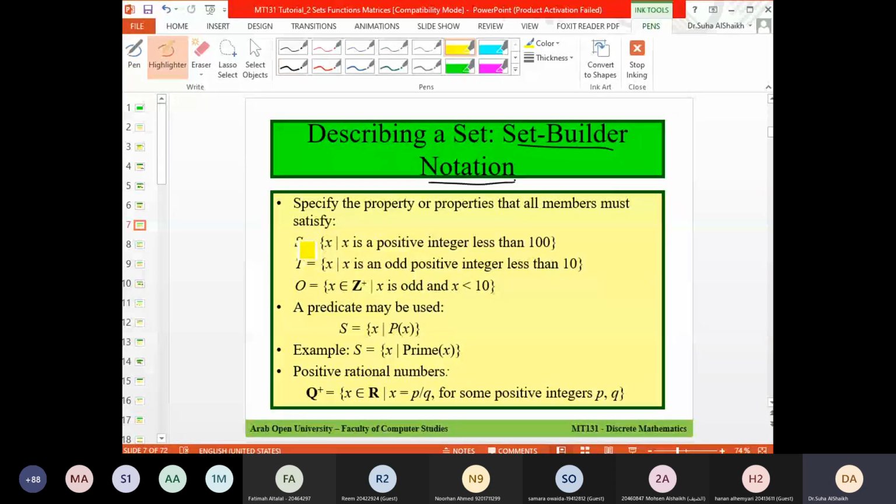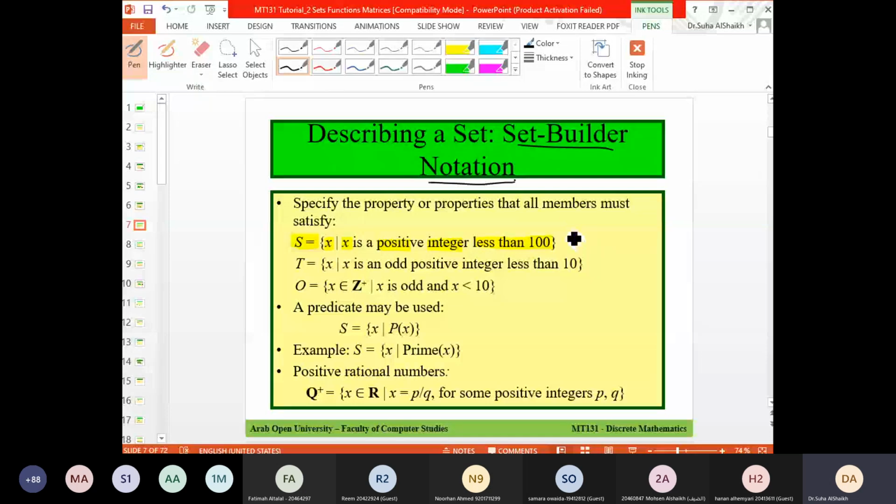If I write the set S is equal to X, pay attention to how we read it. Such that, this we read as such that. X is a positive integer less than 100. So I put conditions that S has X such that this X is a positive integer and it is less than 100.